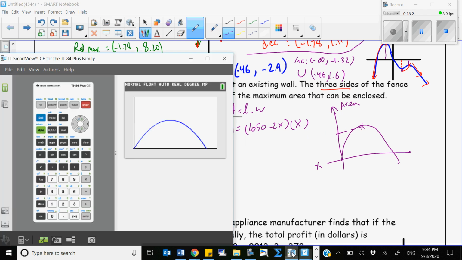How do I find the maximum area? Just go to second trace and number 4, maximum. So I need to go on the left side of this point, then on the right side of the point, and on top of that.